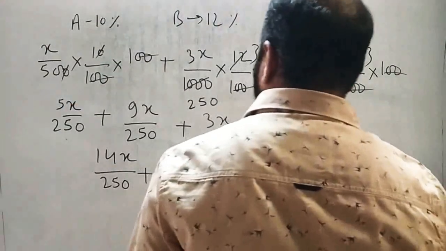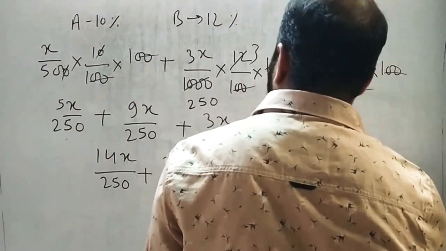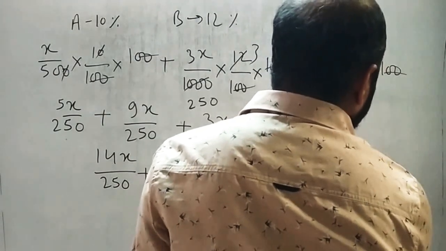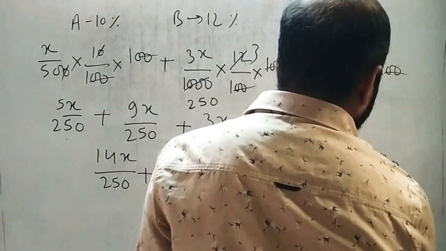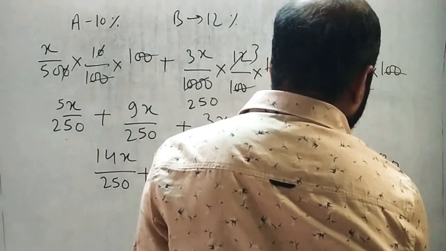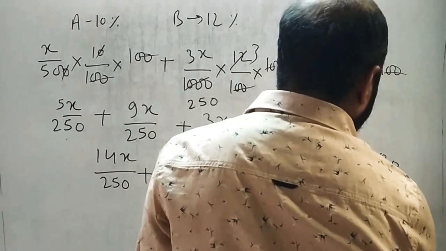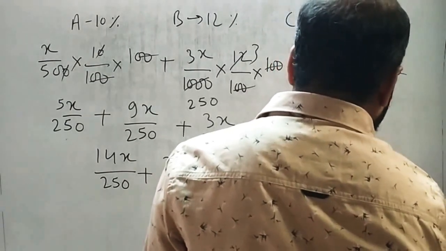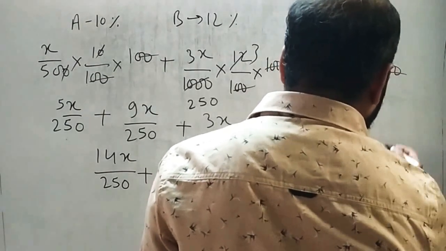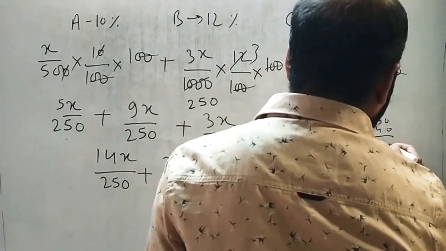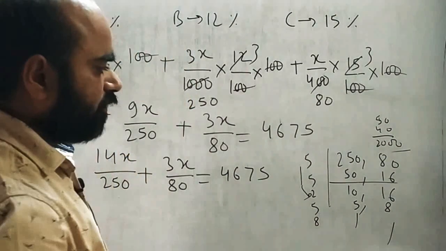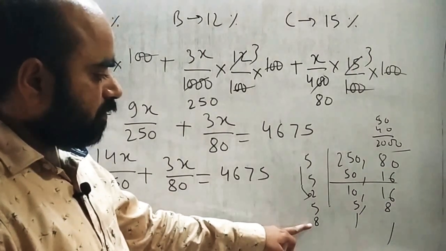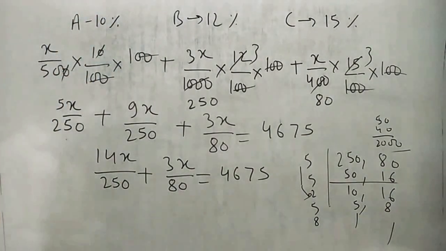Now calculate the LCM. So 250 and 80. So I think the LCM will be 2000, correct?